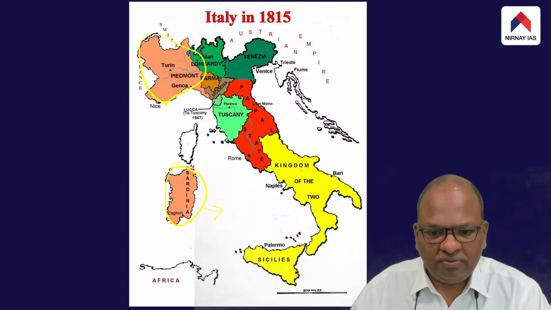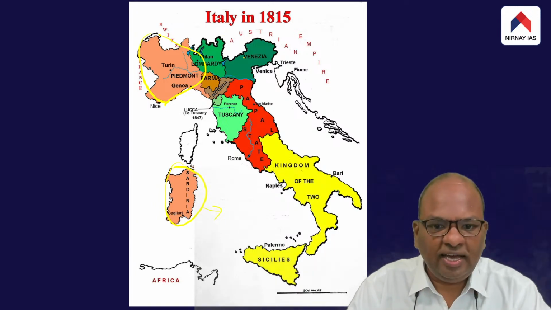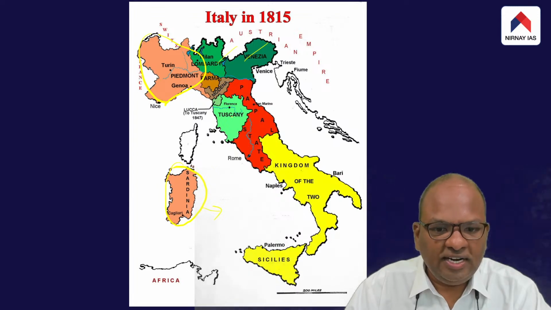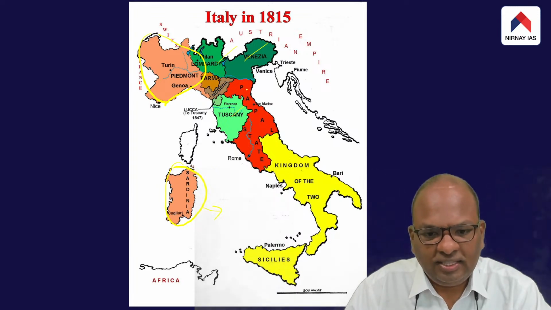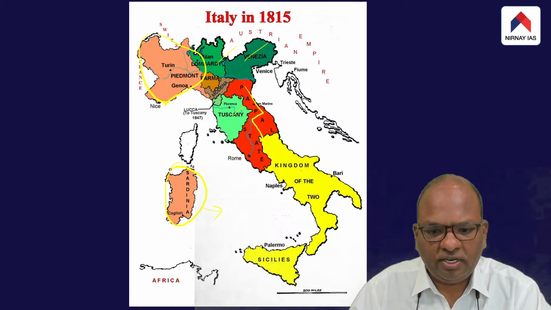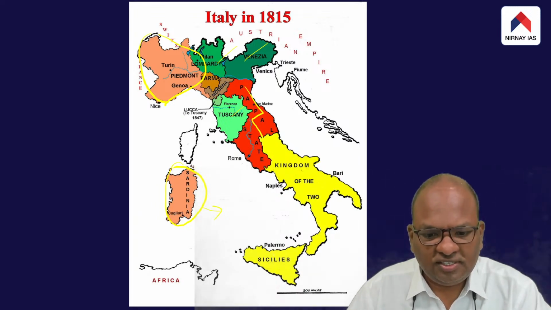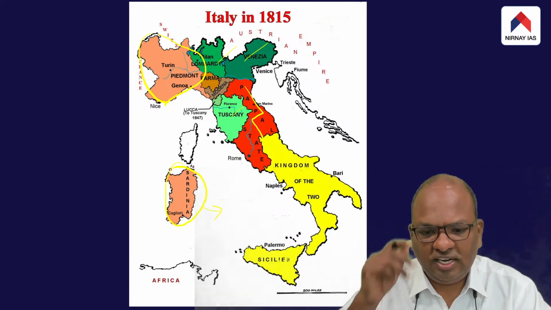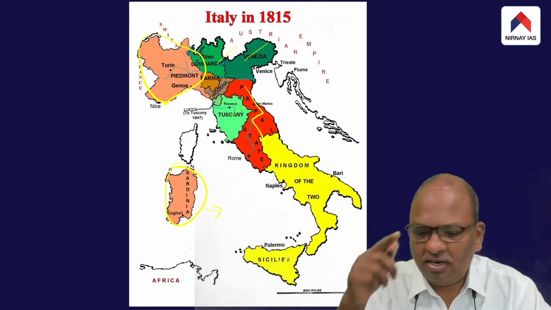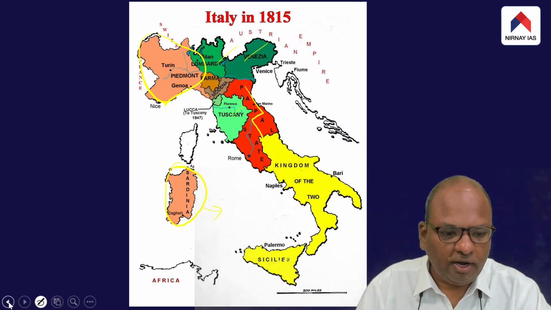Whereas the rest of Italy, be it say Venetia, Lombardy, Tuscany, these are basically the papal states. After that, the kingdom of the two Sicilies, these yellow marked regions, all of these came under the control of foreign dynasties.